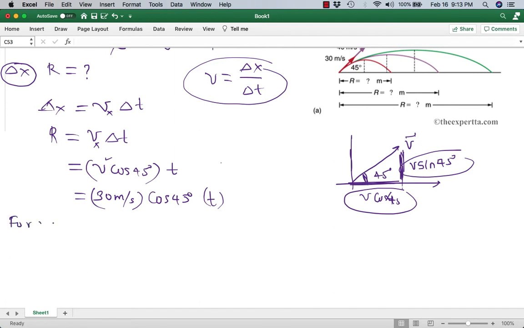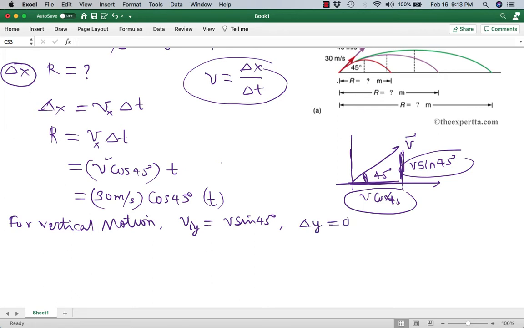So for vertical motion, our v_iy, I'm writing subscript y here to denote that it's a vertical motion, is v sine 45 degrees, and our displacement in the vertical motion would be 0.